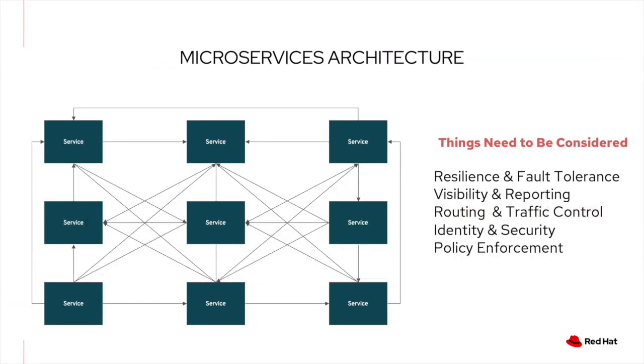Dealing with this service mesh complexity requires some additional capabilities to be in place, such as resilience and fault tolerance, visibility and reporting, routing and traffic control, identity and security, and also policy enforcement.